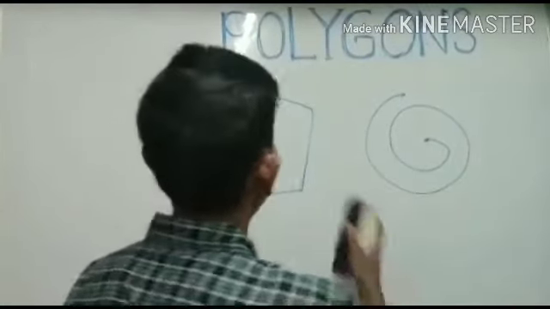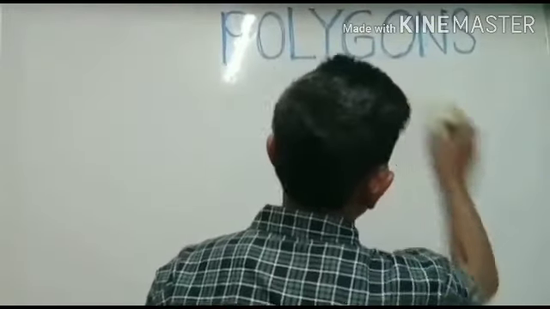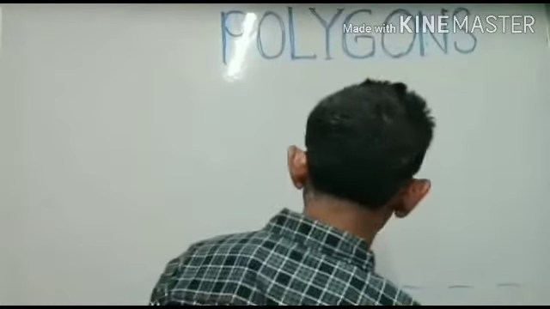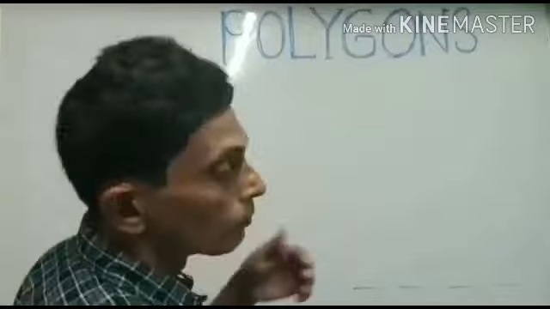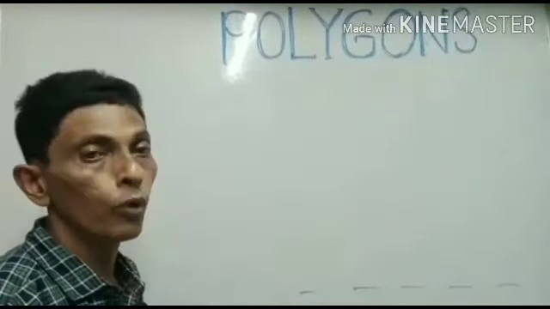Now I will start my chapter, polygon. What is a polygon? A closed figure which is formed of 3 or more than 3 line segments is called a polygon.